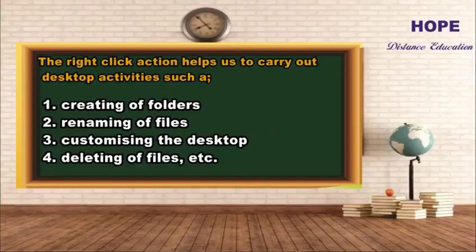What do we use right-clicking for? What do we use the right-click operation for? The right-click operation can be used to perform a lot of desktop activities, which include creating folders, renaming files or folders on your computer, and customizing your computer, that's changing the wallpaper, changing the screensaver, and many other things.